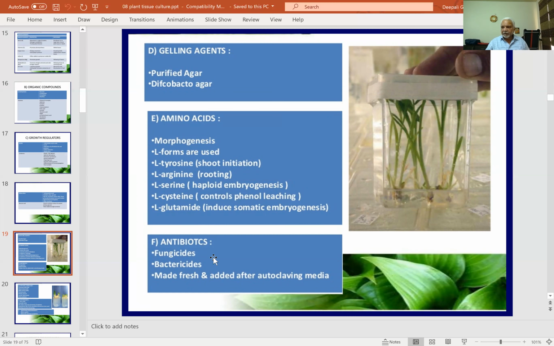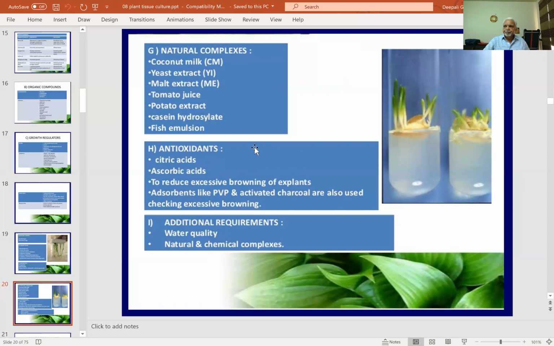And then some of the media have natural components which induce growth and development, like coconut milk, yeast extract, malt extract, tomato juice, but they are actually avoided. Sometimes, though, these have helped in getting in vitro differentiation.